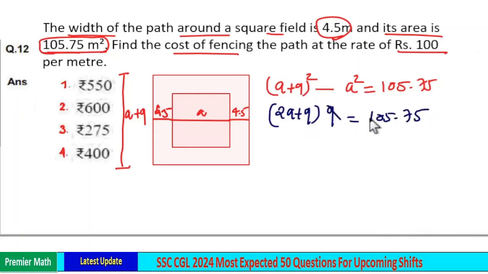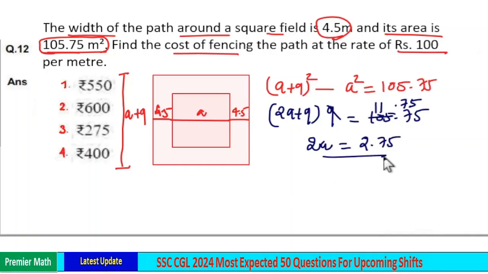Here 9 goes 1 time in 10, 9 goes 1 time in 15, remaining 67, 9 goes 7 times in 63, remaining 45, 9 goes 5 times in 45. So 11.75 is equal to 2a plus 9 means 2a is equal to 11.75 minus 9, that is 2.75.